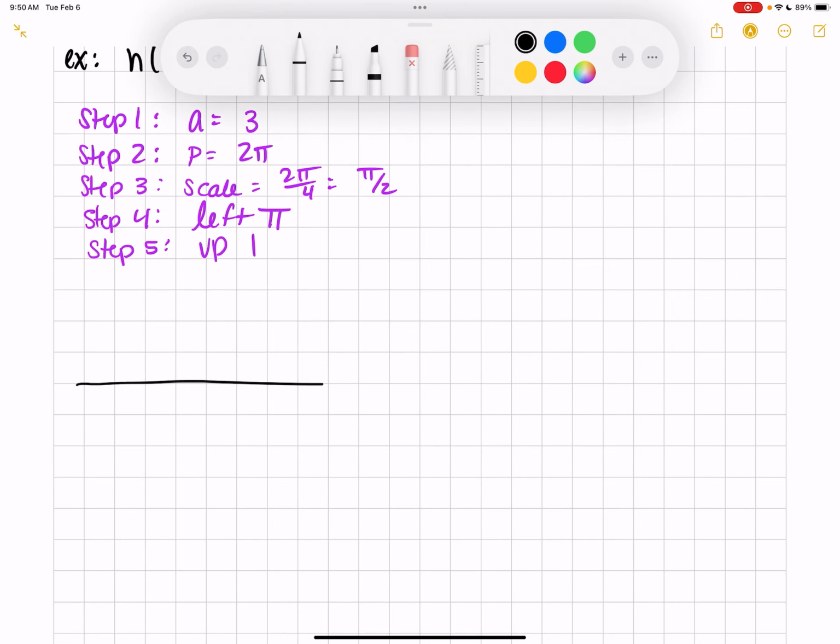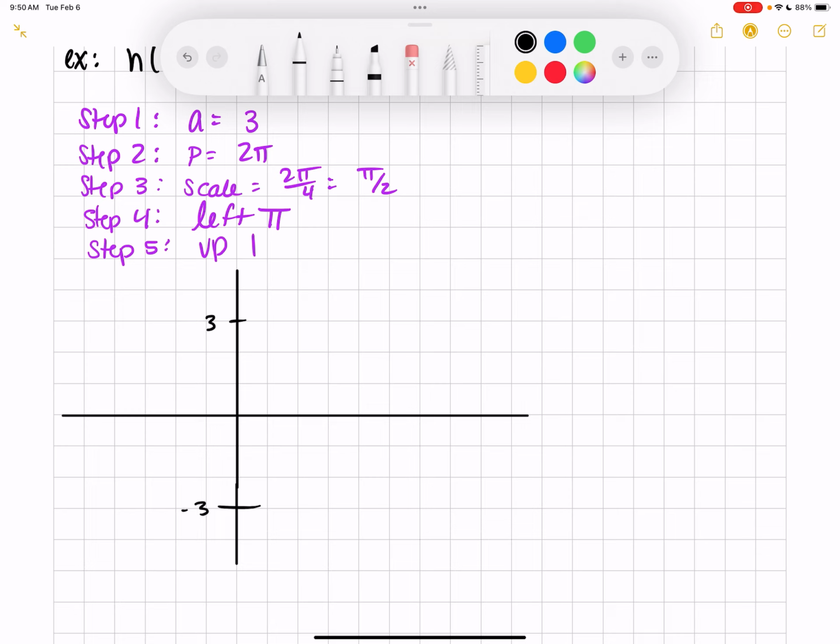So, move this down. Now, I also know it's shifted up 1, so I know I'm going to need to be higher up than 3. My amplitude is at 3. Which also means at negative 3 I'm here.